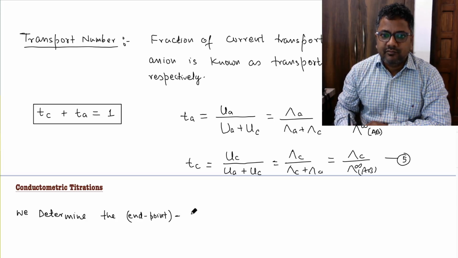The meaning of end point is that the milliequivalents of acid are equal to the milliequivalents of base.